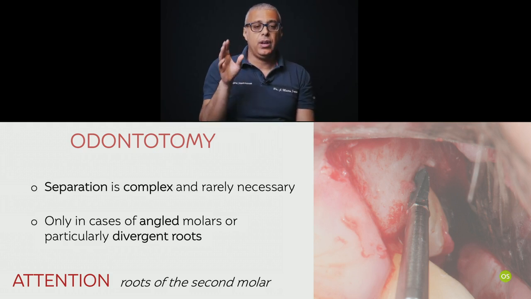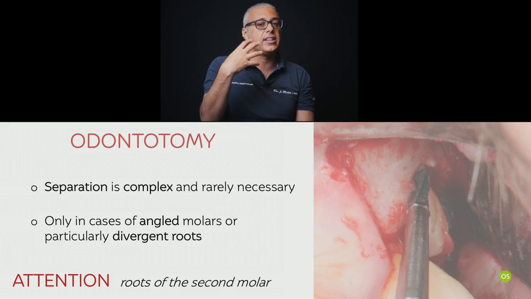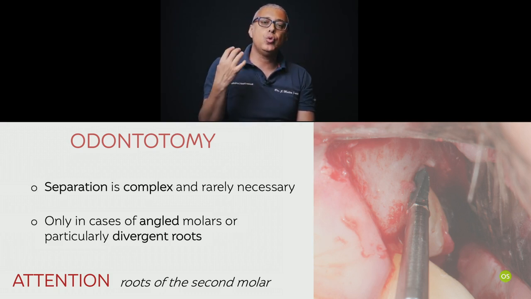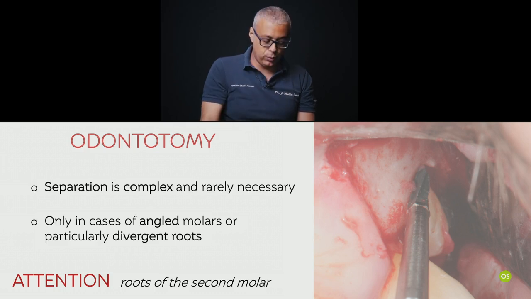Always be careful when doing tooth sectioning in that area, which has not very good visibility, and be aware of where the roots of the second molar are, because we can risk damage to the roots.